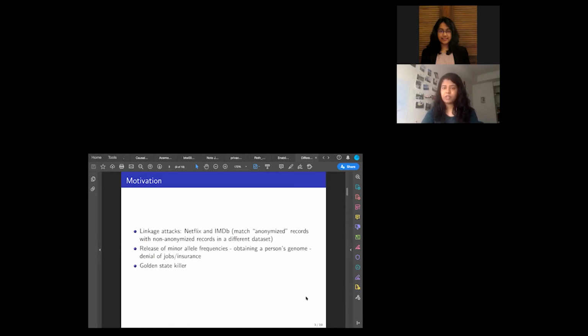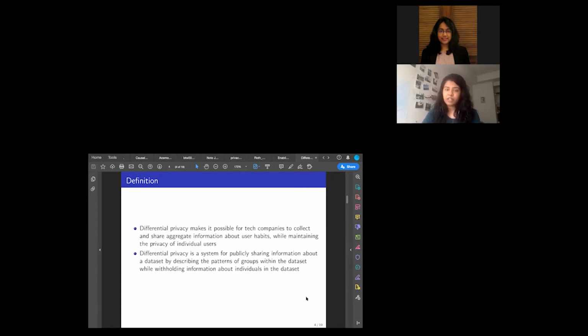Because of the advent of differential privacy, a lot of tech bodies, and a lot of bodies in general, have been incorporating this notion in order to protect their data. The informal definition of differential privacy is that it is a system for publicly sharing information about a data set by describing the patterns of groups within the data set while withholding information about individuals in the data set.